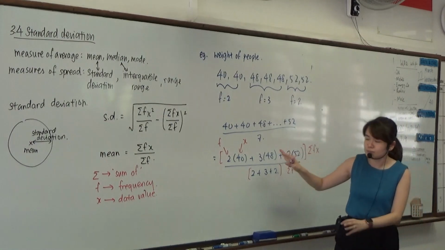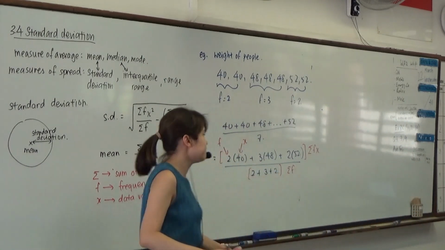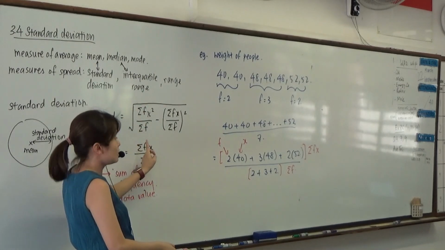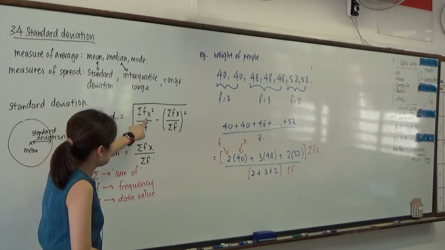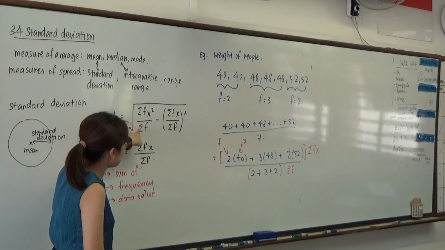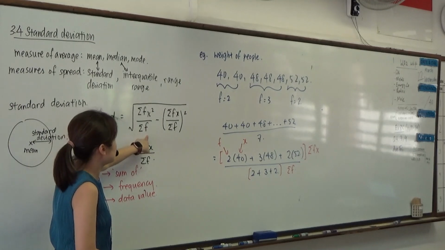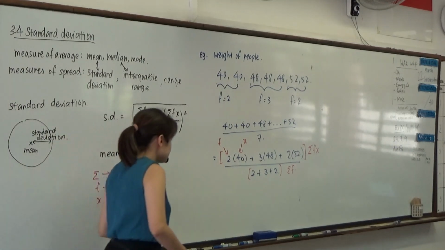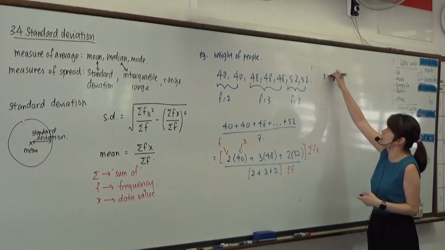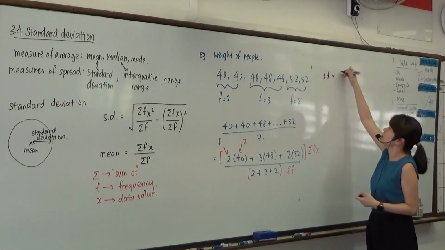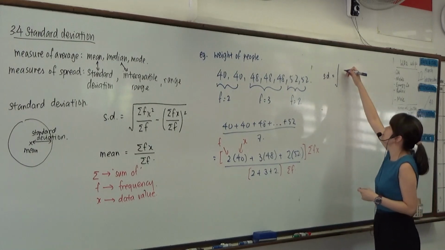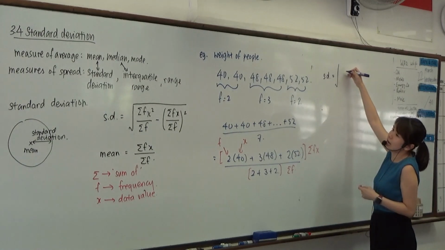So, with that understanding of mean, the same thing actually applies for standard deviation. Right? So it is always taking the frequency times the data value squared, divided by the sum of the frequency over here. In this particular case, if I want to look for the SD, it will actually be the square root of frequency times x squared.